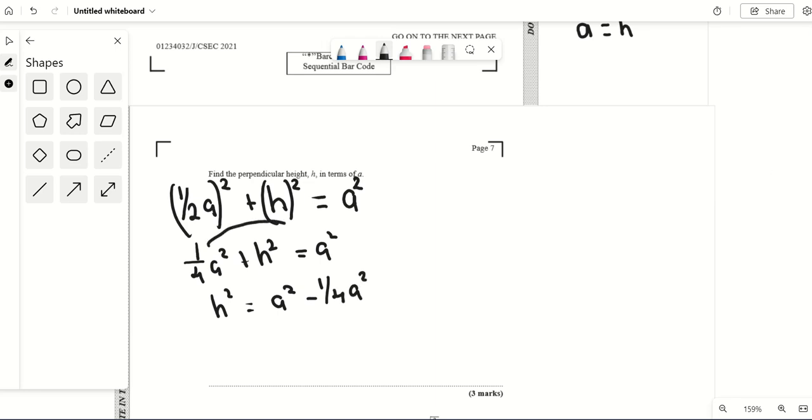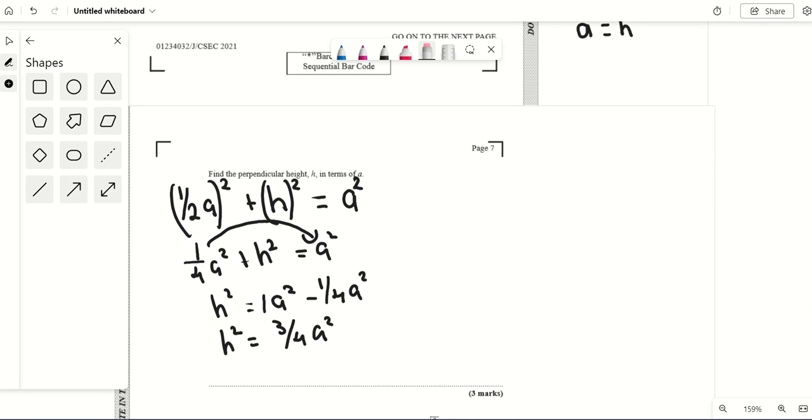Although we're not seeing it, there's a 1 here. So 1 minus 1/4, so A squared is equal to 3/4 A squared. It's basically saying, if A is an apple, one apple minus 1/4 apple is equal to 3/4 apples. Right? So this is 3/4. Let me just erase this. This is just to show you guys how I got 3/4 A squared.